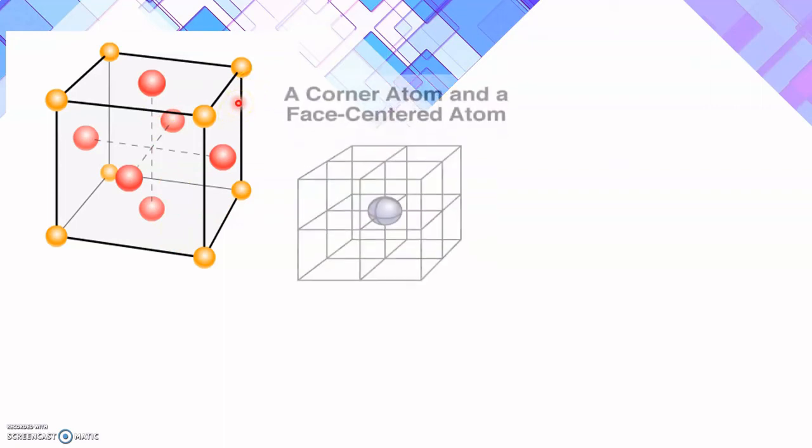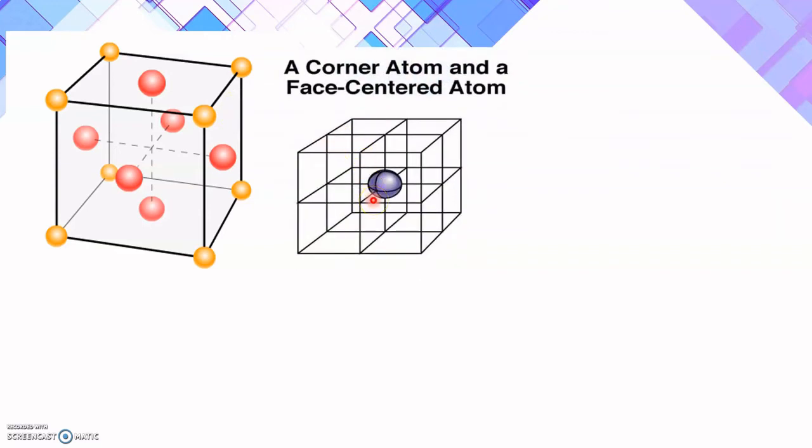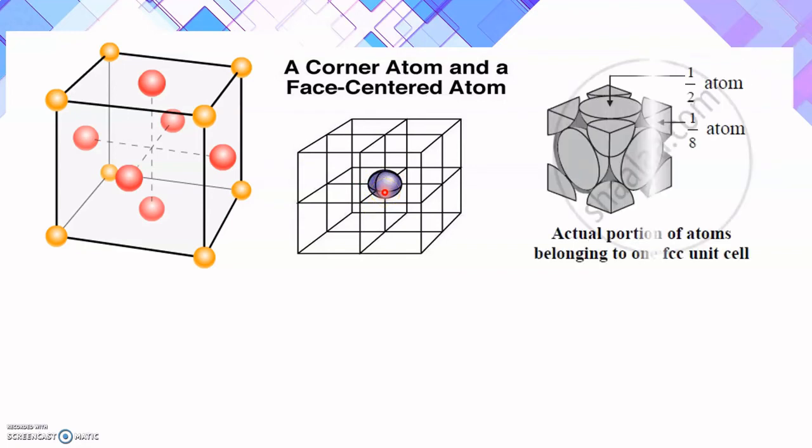Similarly, in a face-centered unit cell, there are atoms at the 8 corners which contributes a total of 1 atom to the unit cell. There are atoms at the face centers and each of these is shared by 2 other unit cells. Hence, the contribution of an atom at the face center is only half.